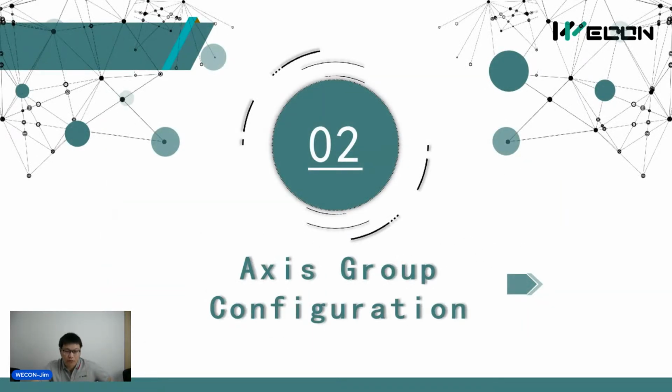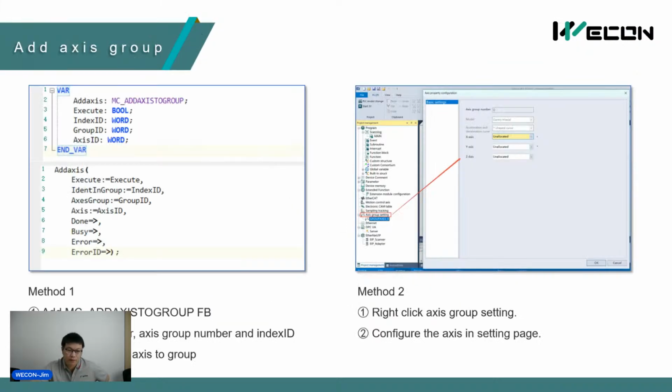And now I will introduce how to create an axis group. To create the axis group, we need to first add one axis group in this project management. Here you can see this axis group setting. You can right click to add one axis group. And the next step, we need to add axes to this group.